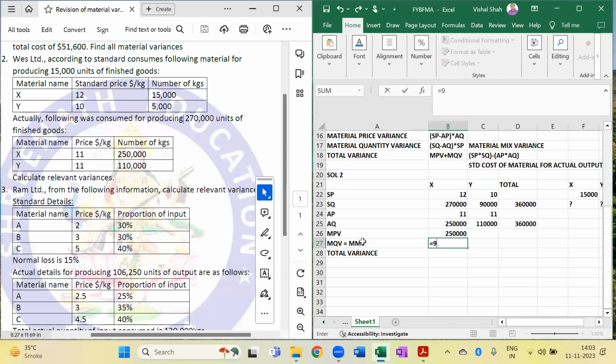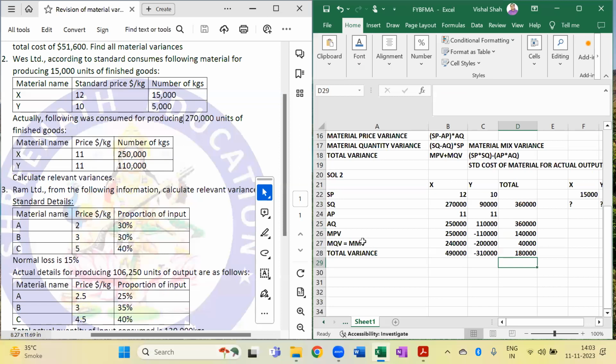Then SQ minus AQ into SP. Sir, all are favorable for X, 4,90,000. And in Y, all are adverse.